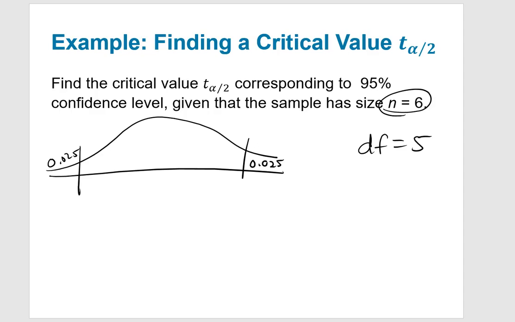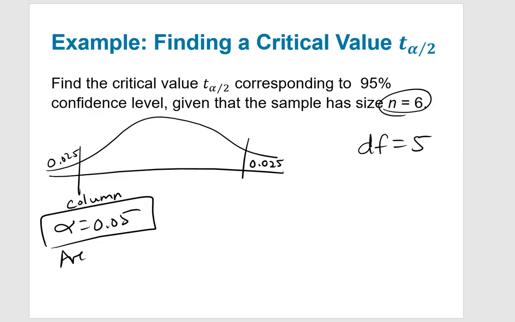Then I'm going to have to go to my t distribution table, and this is where you have to make sure you look it up correctly. We want to go to the column that has our alpha of 0.05, because that's what we knew. We had an alpha of 0.05. You're going to go to that column, and make sure you are also looking at the area in 2 tails.